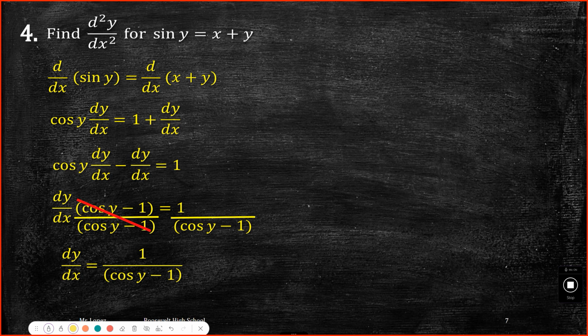You could do the quotient rule. I guess to not make it more complicated, just do the quotient rule. Or you can do the product rule or chain rule thing that I have here.